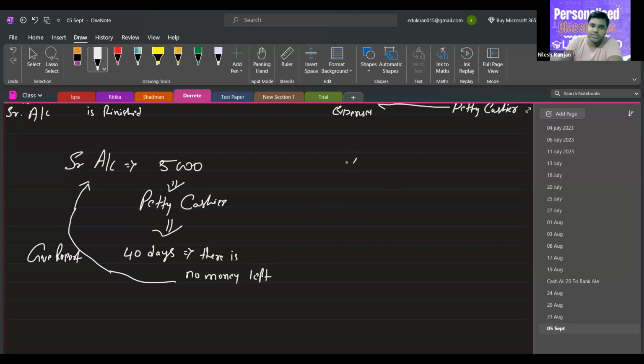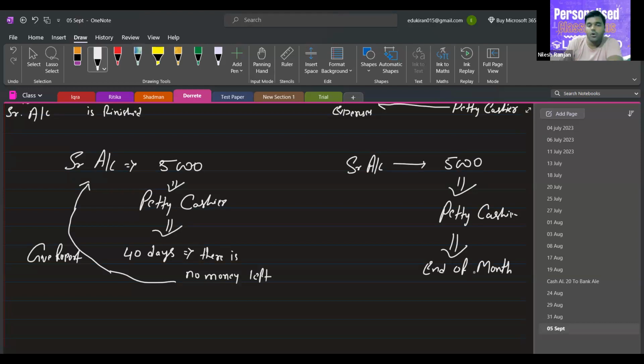But in this situation, the senior accountant has given 5,000 to the petty cashier, and on the completion of the month, he has a balance of 800 cash left in his hand.